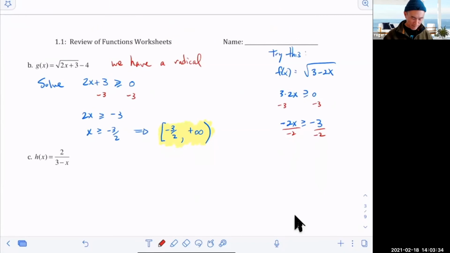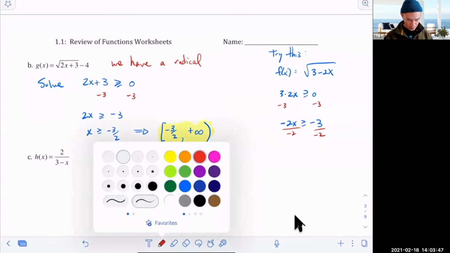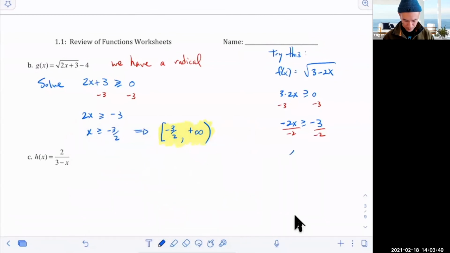So I'll start over. The last thing I said was we got to divide both sides by -2. What's the deal here? When you divide by a negative number, what would you need to remember? Yeah, you got to invert the inequality. So it becomes this. Does everyone see that?